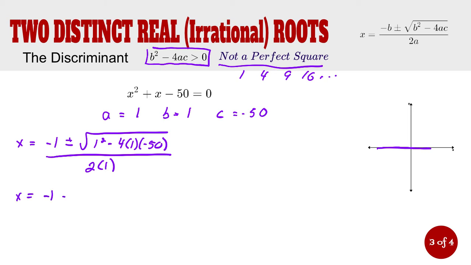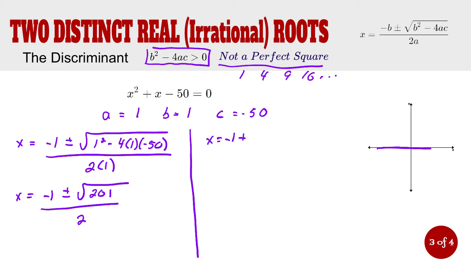This will be negative 1 plus or minus 1 squared minus 4 times negative 50 becomes 1 plus 200, so 201 all over 2. And so now we've got a situation where x equals negative 1 plus the square root of 201 all over 2, or x equals negative 1 minus the square root of 201 all over 2.